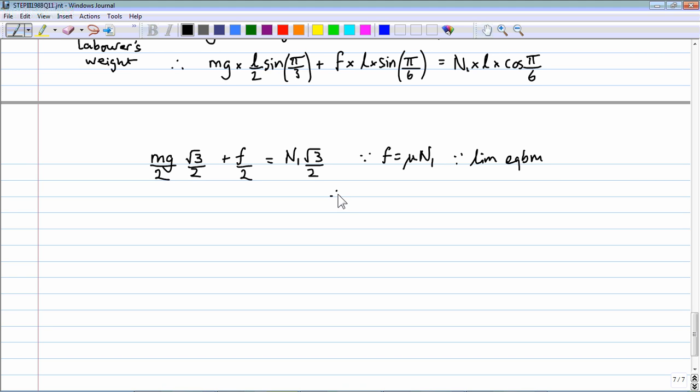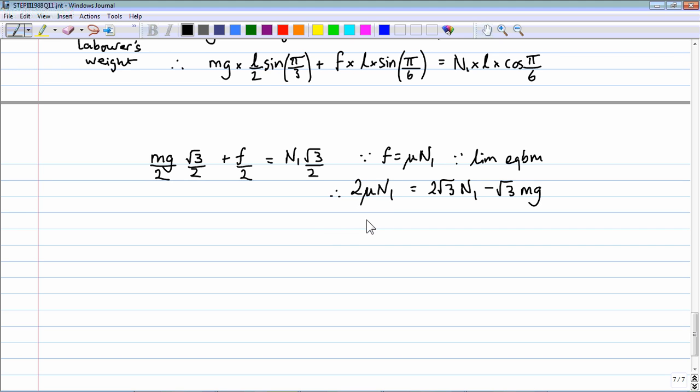So what does this rearrange to? Multiply everything by, I don't know, 2 or 4 or something. Multiply everything by 4. I've got mu 2 mu n1 equals 2n1 minus 2 root 3 n1 minus root 3 mg, that's right.